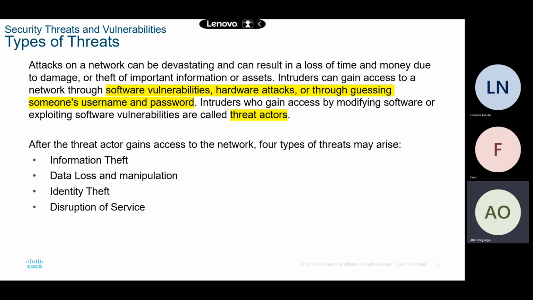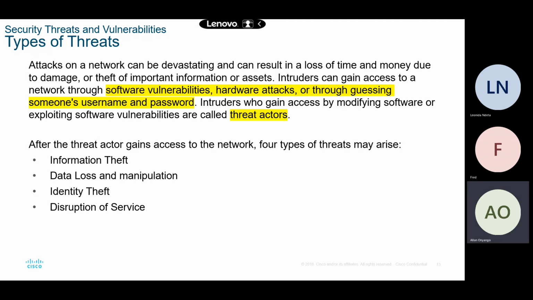And these threats can actually affect our network because of things we can prevent. Things like some weaknesses in software that is not up to date, or software that needs to be updated. It can be hardware attacks. Maybe you haven't configured that password well, and in such a manner that someone can easily guess it, or it's a username.